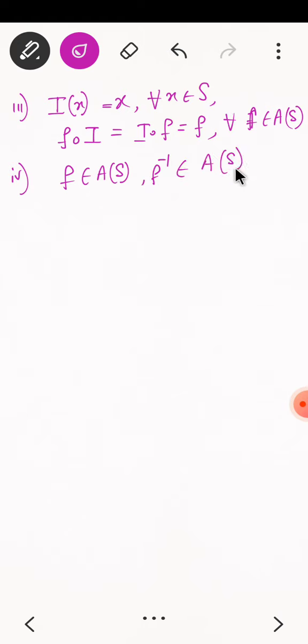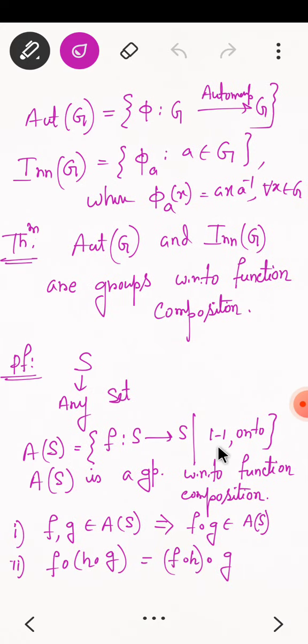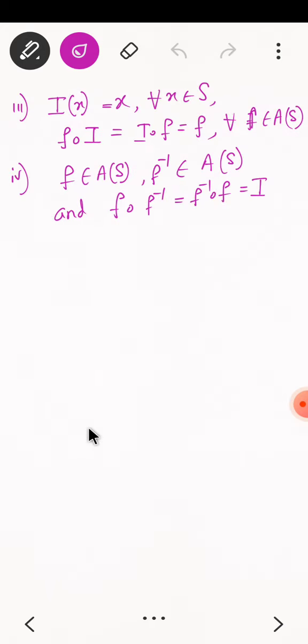We know that the inverse of a bijective mapping is also bijective, and f∘f inverse equals f inverse∘f equals I. So A(S), the collection of all bijective mappings from S to S, is a group with respect to function composition.